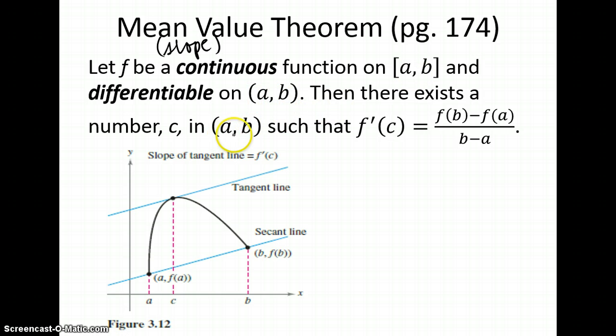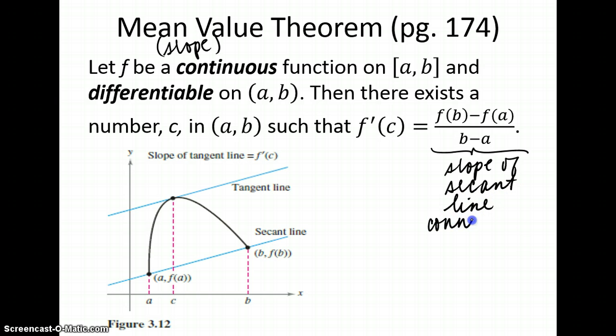Then there exists a number c such that the derivative equals f of b minus f of a over b minus a. So what does this represent? That's the slope of the secant line connecting the endpoints of the interval, excuse me.